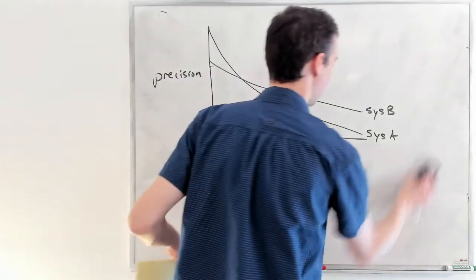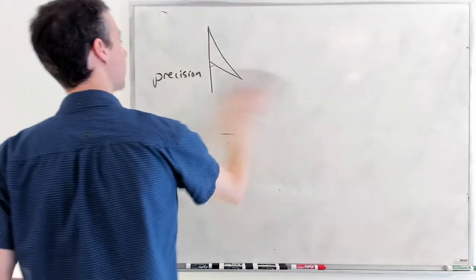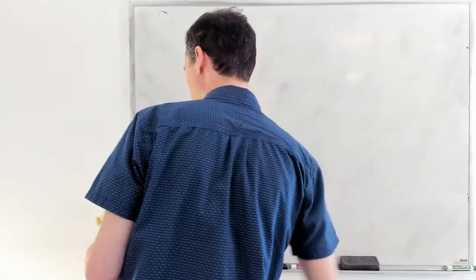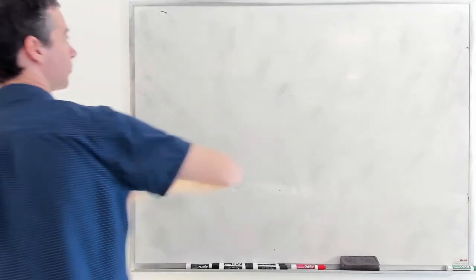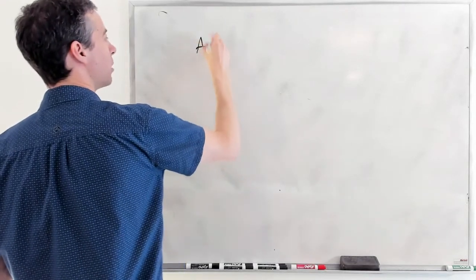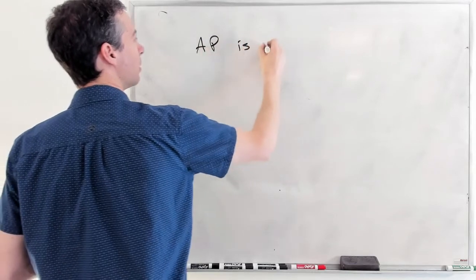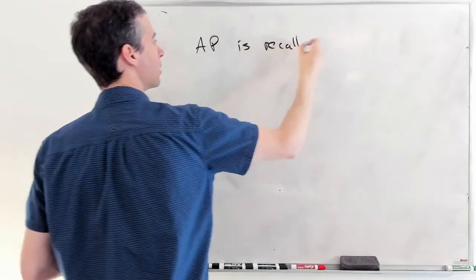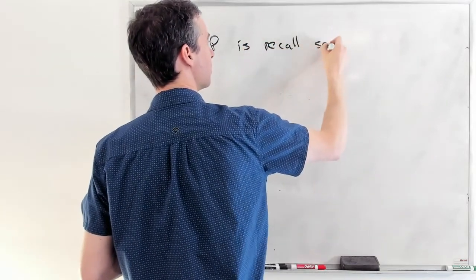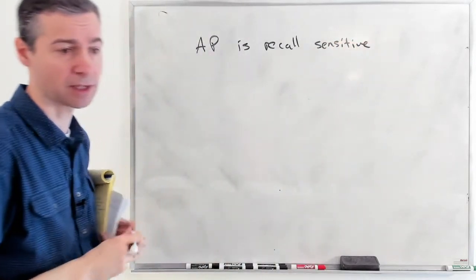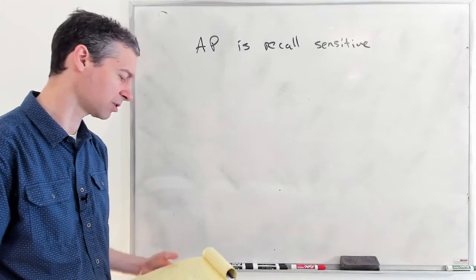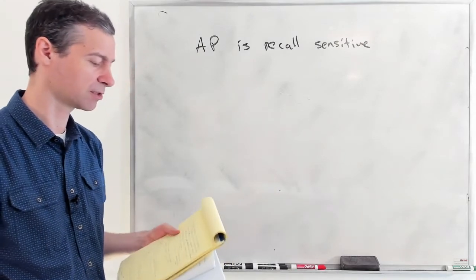All right, some points about average precision besides what I've said, and I'll write them on the board. So AP, average precision, is recall sensitive, because it pays attention to all the known relevant documents.